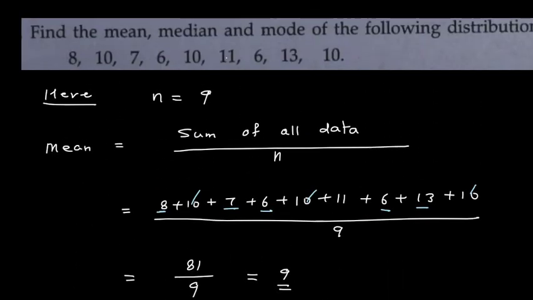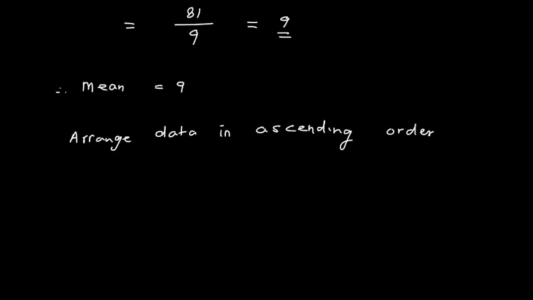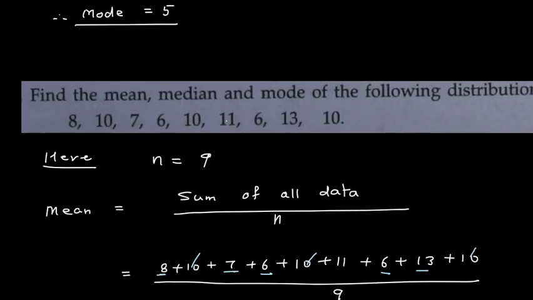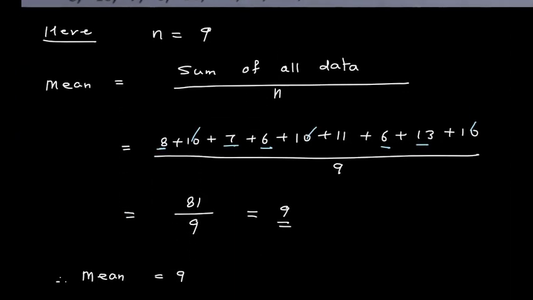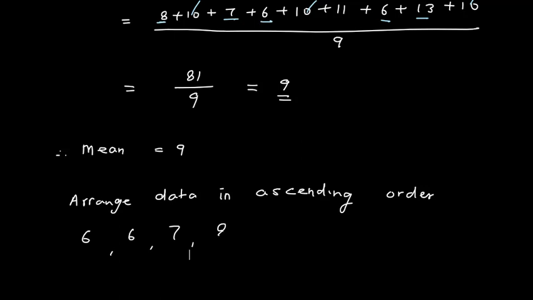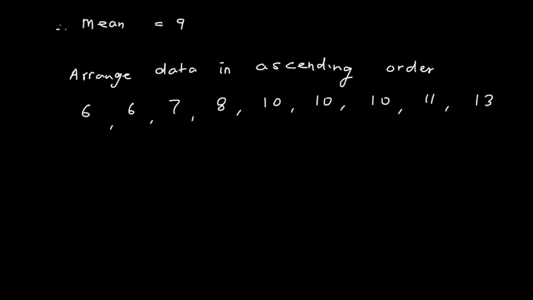What is the smallest value? 6, and it is coming 2 times. 6, 6, then I have 7, then 8, and then 10, which we have 3 times. Then we have 11, and then we have 13. So 1, 2, 3, 4, 5, 6, 7, 8, and 9. That is 9 data values, and n is 9, which is odd.